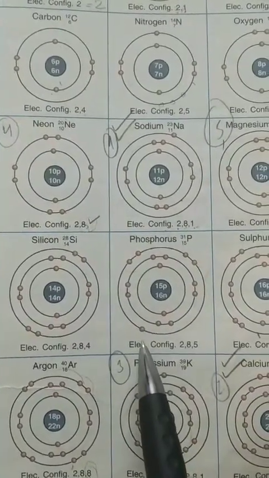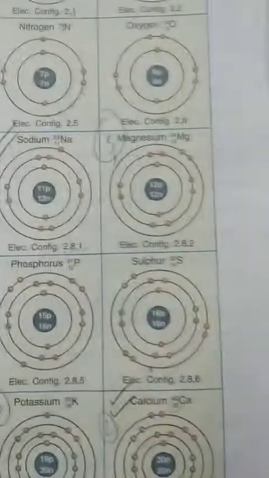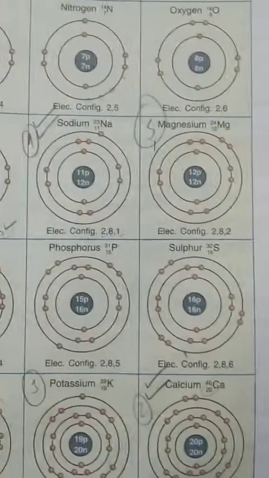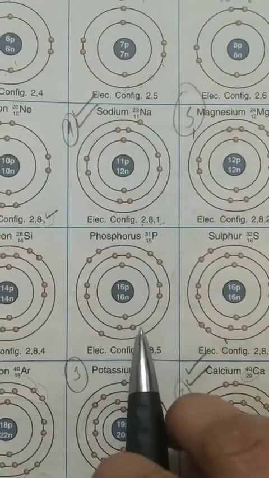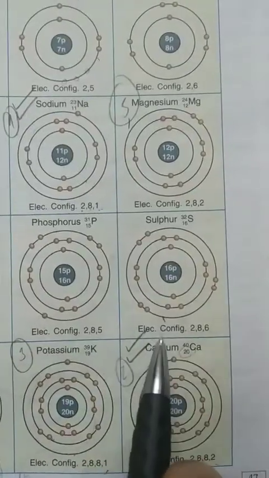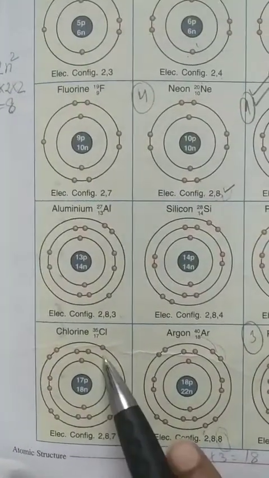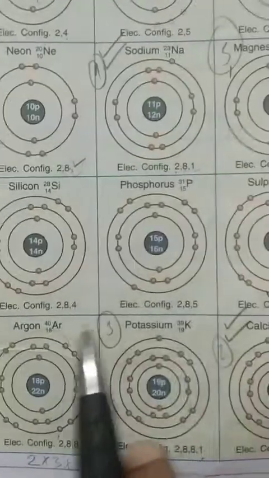So again for phosphorus, taking up 3 electrons is easier and it will become P minus 3. Okay, to have an octet configuration. Sulfur will take up 2, S minus 2, chlorine minus 1, noble gas.